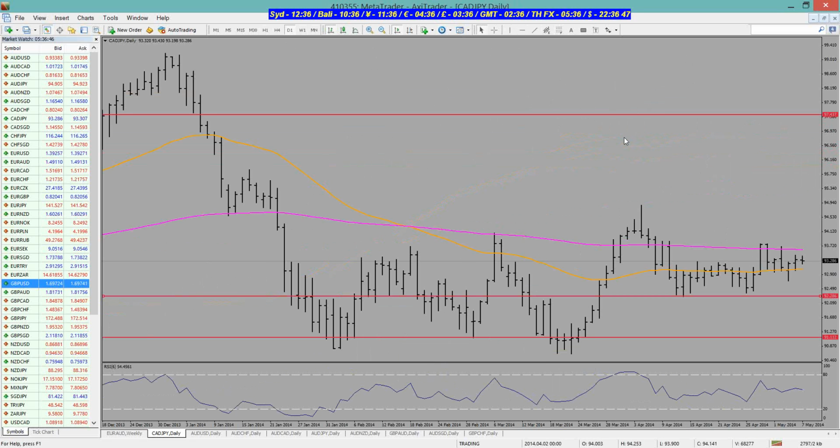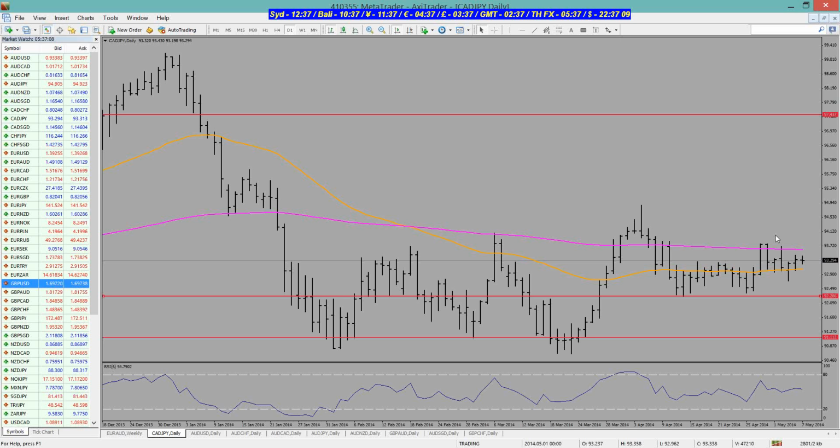I still think it's heading back up fundamentally. I want to be long CAD and short yen, so it makes sense to take this trade, although the Russians and Ukrainians are putting a hindrance to it, in the sense that they're keeping a bid on the yen and holding this down.